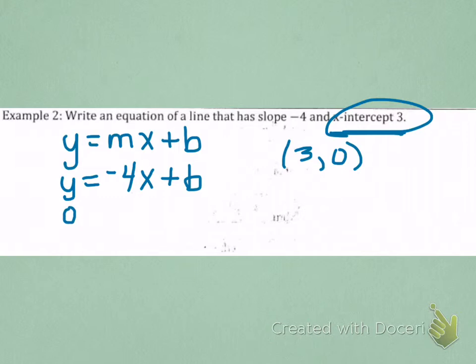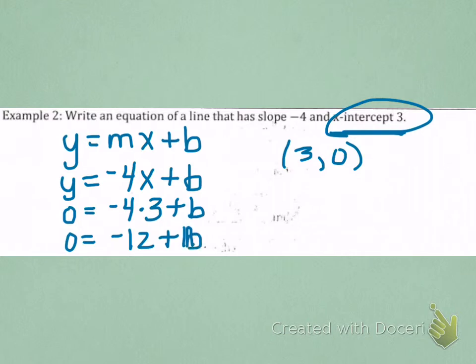So 0 is equal to -4 times 3 plus b. So for this particular equation, that 0 can be put into the equation for y, and the 3 for x. And then we solve for b. So I get -12 plus b. And then I would add 12 to both sides.